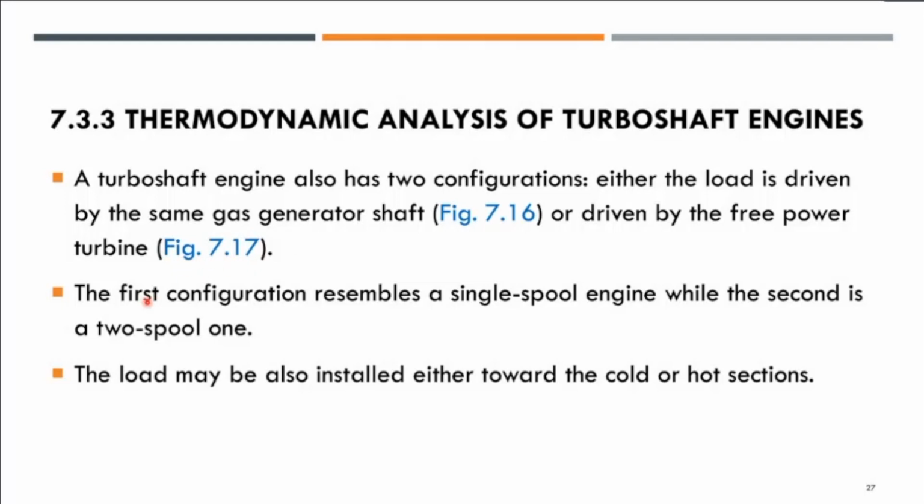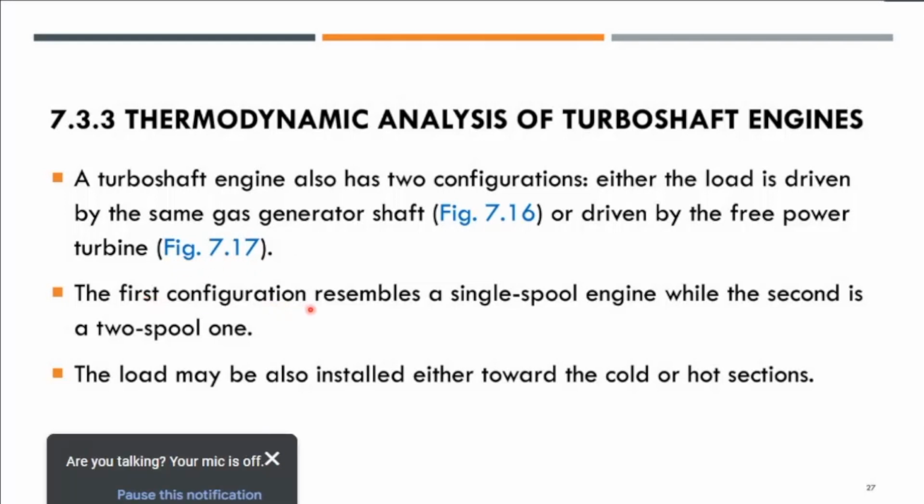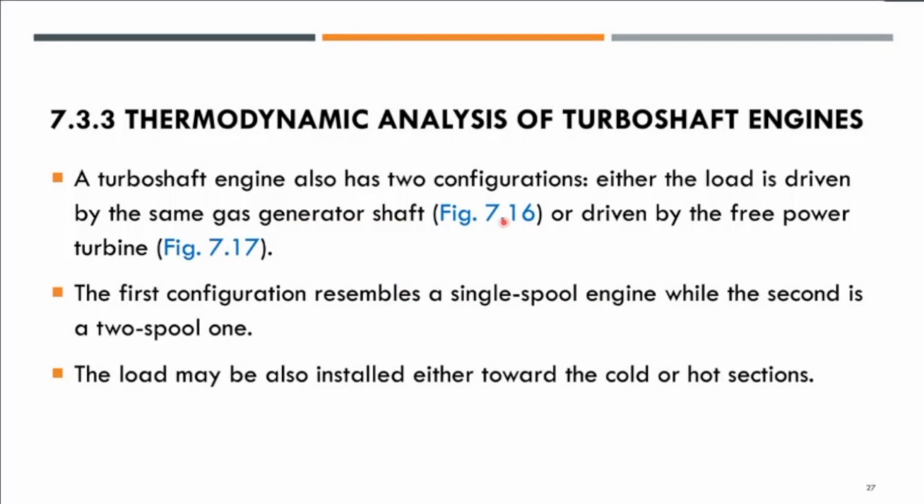The first configuration, where the load is driven by the gas generator shaft, resembles a single spool engine, whereas in the second arrangement, the load is driven by a free power turbine, known as the two-spool engine.